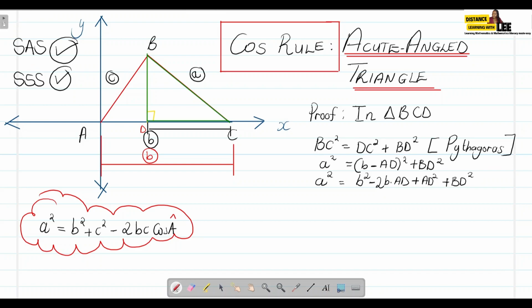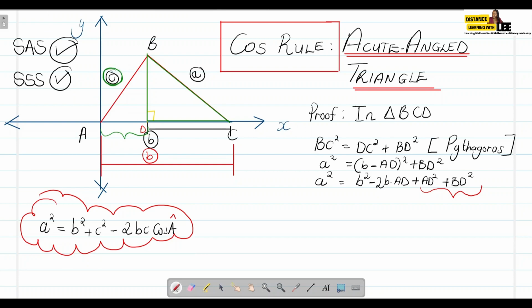And now what do we notice? You've got AD squared plus BD squared. We can apply the theorem of Pythagoras here because we know that AD squared plus BD squared is equal to C squared.